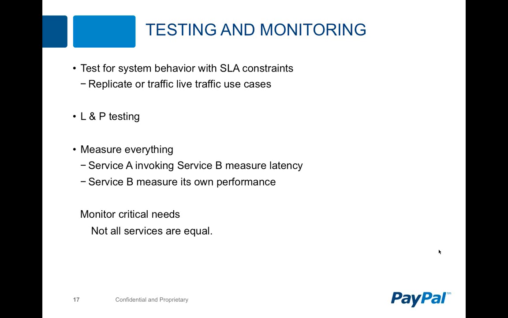But where it's very interesting is we have run into this on production as well. Service A invokes service B, and the published SLA is 50 milliseconds. Service A invokes B and gets a response back at 100 milliseconds. Service B internally is monitoring its own request and response. It says, I got this request from service A at this time, and I gave a response back at this time, so my SLA is actually 40 milliseconds. I've improved performance.